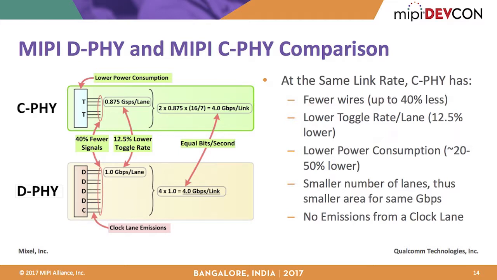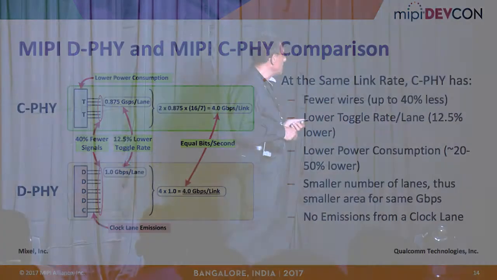For the D-PHY, it translates into 4 lanes, each one running at 1 gigabit per second, which means that the toggle rate is 12.5% lower for the C-PHY, and the number of bits is reduced by 40%, because here you have 6 versus the 10 here.